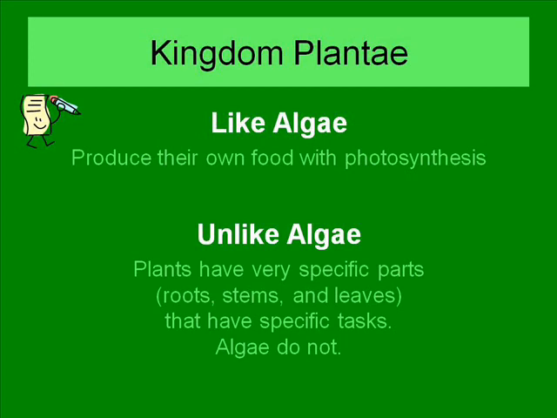But plants are different from algae because plants have specific parts like roots and stems and leaves, and those parts have specific tasks. Algae do not have those parts with those specific tasks. So that's the difference between algae and Plantae, and that's one of the reasons that algae isn't considered in Kingdom Plantae, because it doesn't have roots, stems, and leaves.